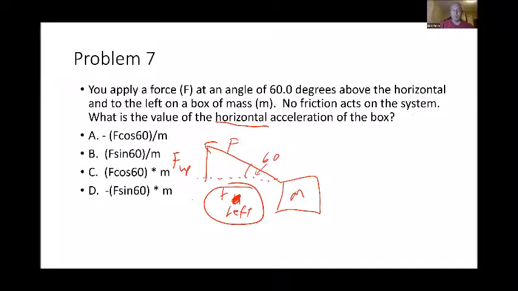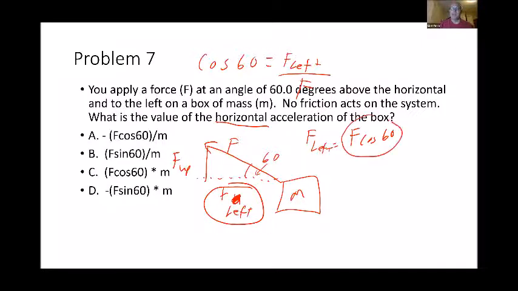So let's use some trig. This is the adjacent side to our 60-degree angle, so to find it, we would use cosine. We would say cosine of 60 equals our adjacent side, F to the left, over our hypotenuse, which is that big F. If we solve that for F to the left, F to the left equals F cosine 60.